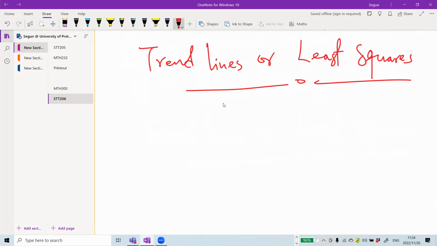Let me just give us the method. The method here is y equals a plus b t, where a and b we've solved before, when we did regression analysis.